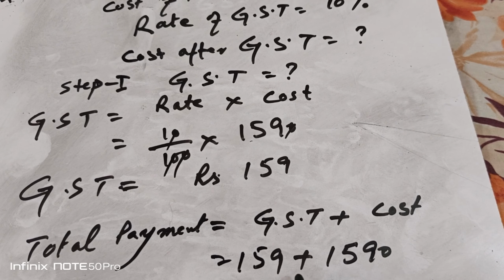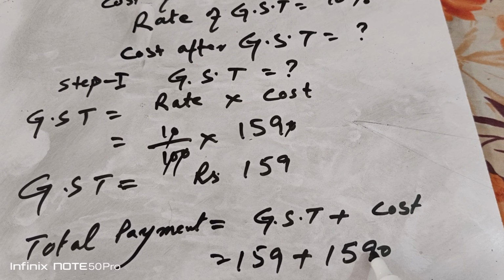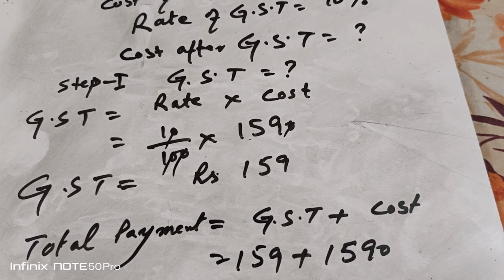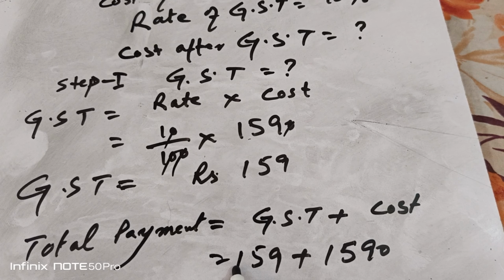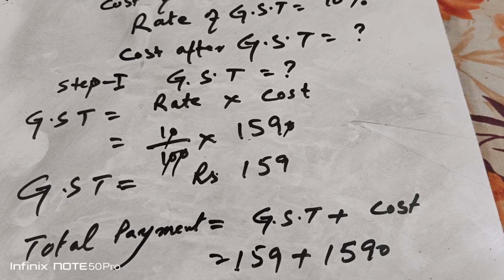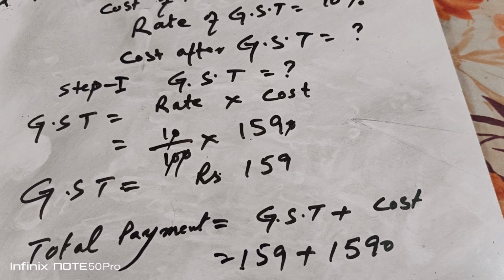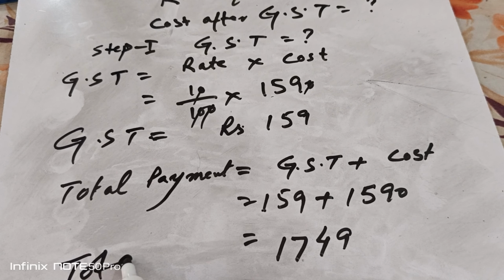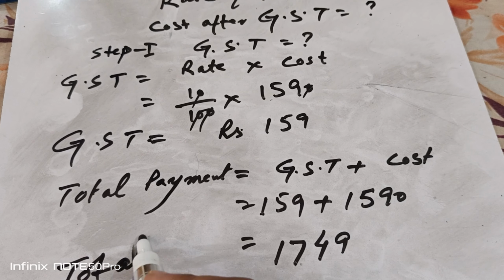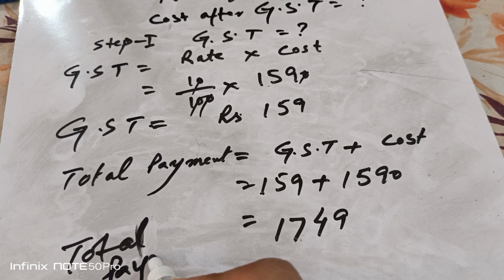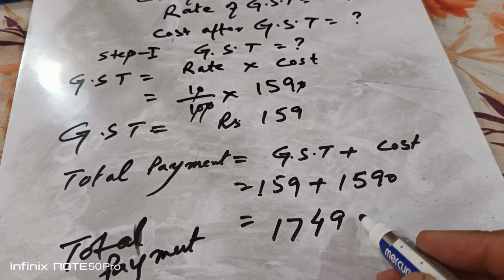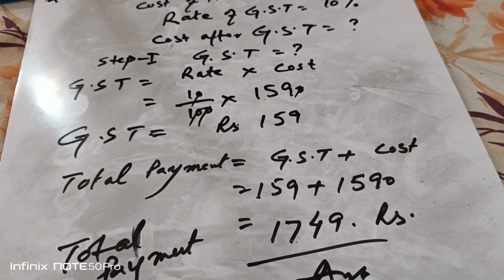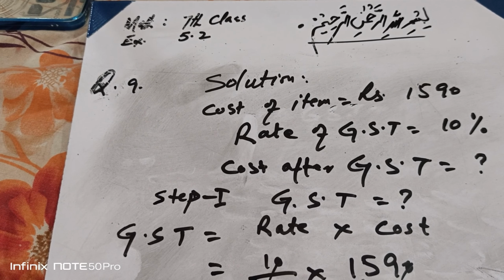We will add here 9, 9 5 14, 14 1 carry, 5 1 6, and carry 1 7, this one. So yes, this is the total payment, and it is rupees, and it is the answer of question number 9.